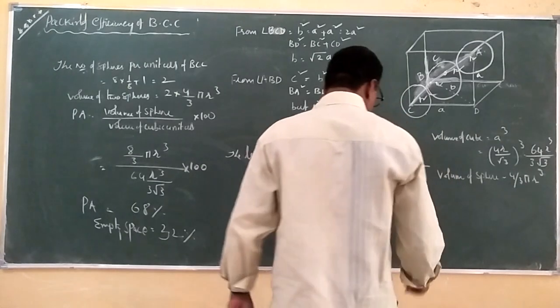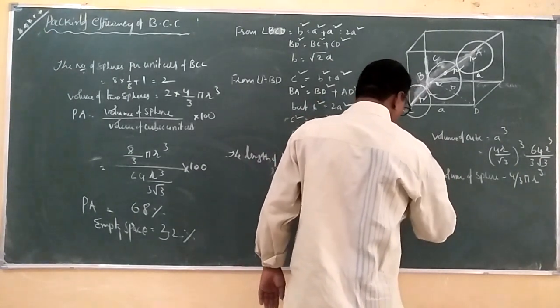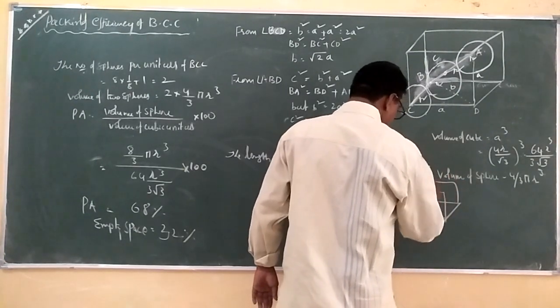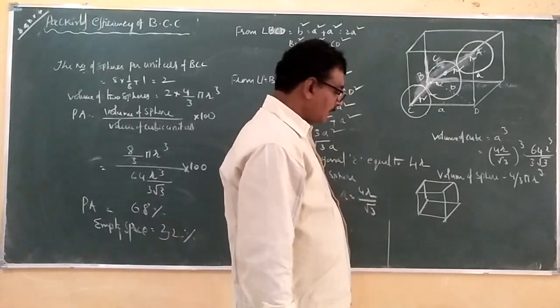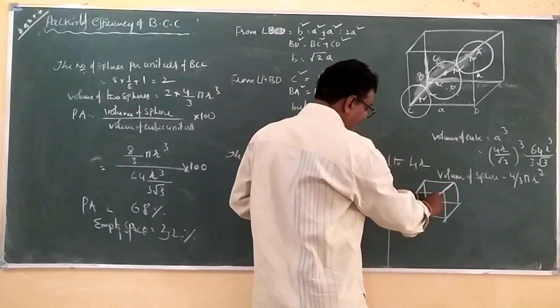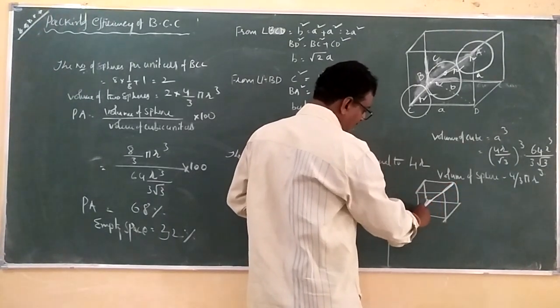Once again I am writing this. This is the cube, and in this cube this is called the body diagonal.